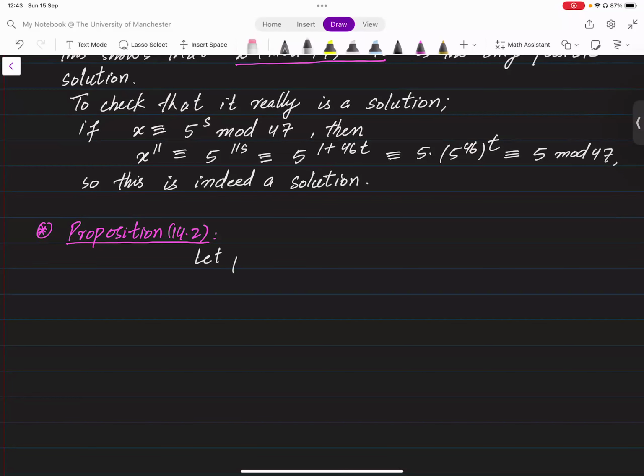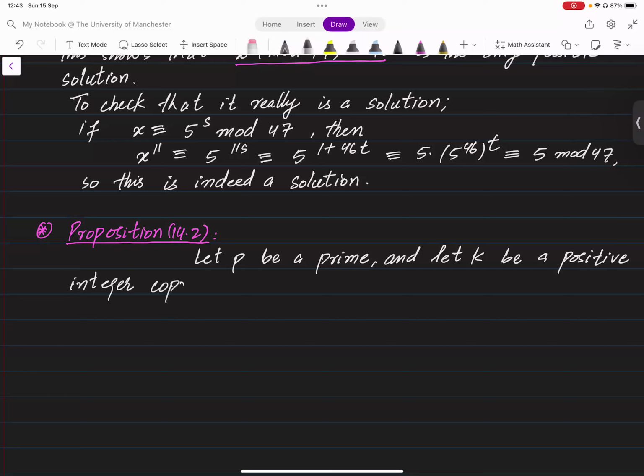Let p be a prime and let k be a positive integer coprime to p minus 1.